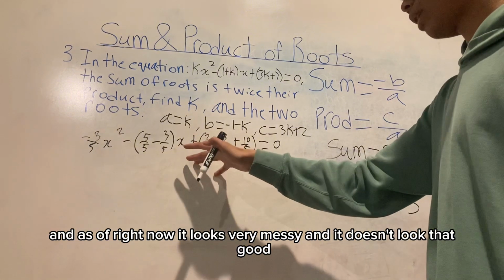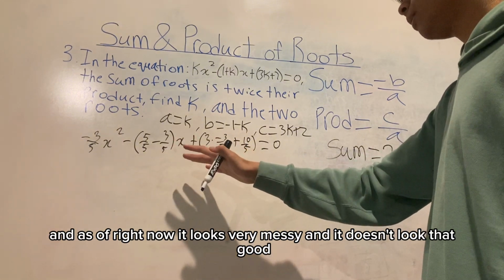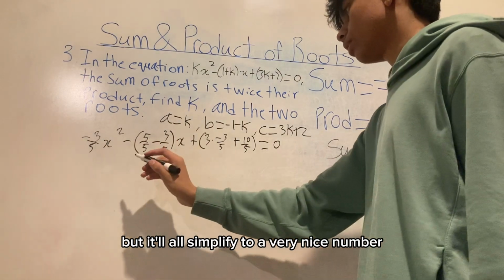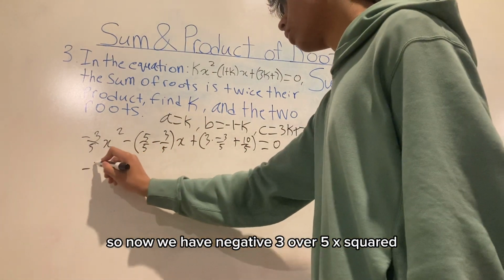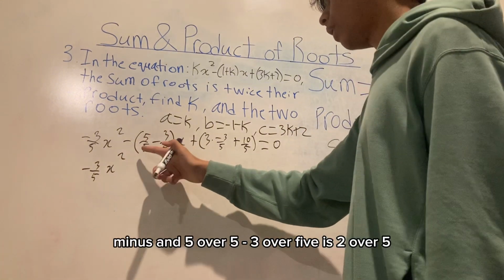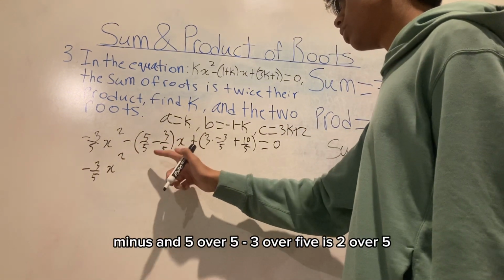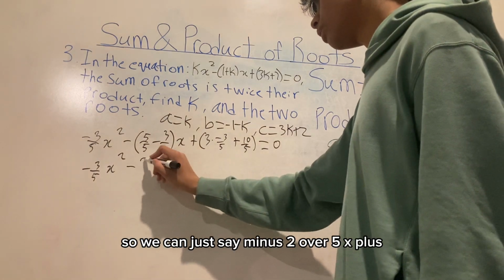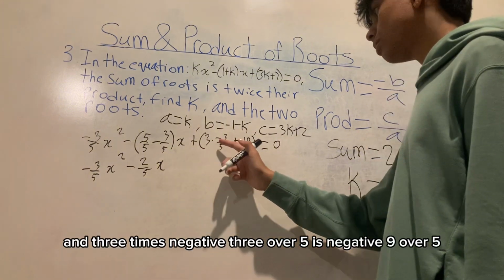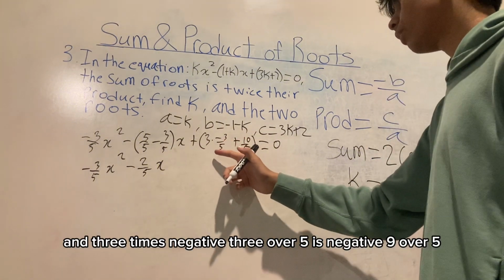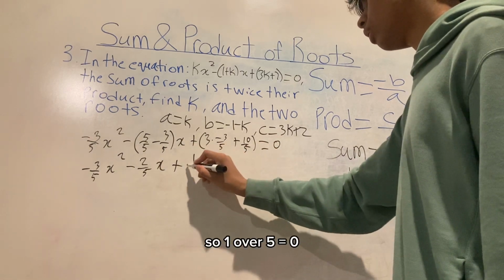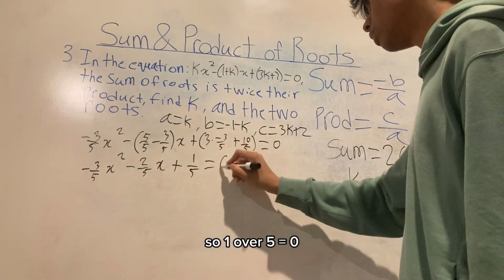As of right now, it looks very messy, but it'll all simplify to a very nice number. So now we have negative 3 over 5 x squared minus, and 5 over 5 minus 3 over 5 is 2 over 5, so minus 2 over 5 x plus, and 3 times negative 3 over 5 is negative 9 over 5 plus 10 over 5 is 1 over 5. So 1 over 5 equals 0.